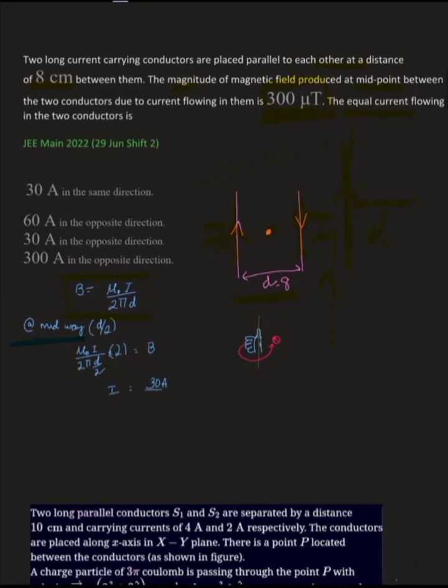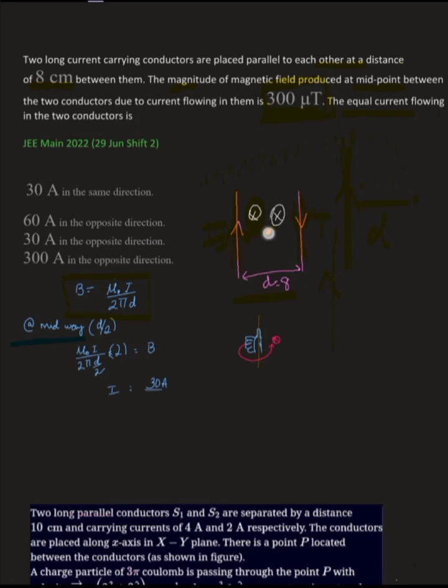Here, for direction, if you place your thumb along the current and curl your four fingers, the field will point inward. So due to this wire at this particular point, the magnetic field will be inward. If you place the thumb in this direction and curl your fingers, the magnetic field due to the other wire at this particular point is also inward, right?